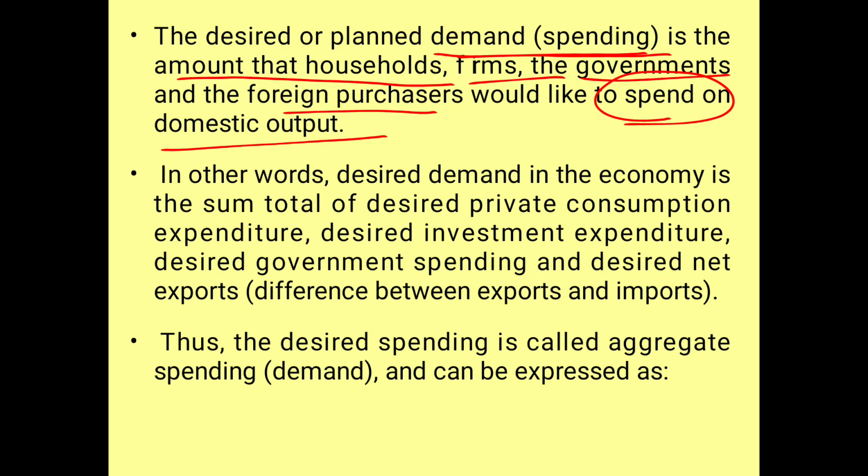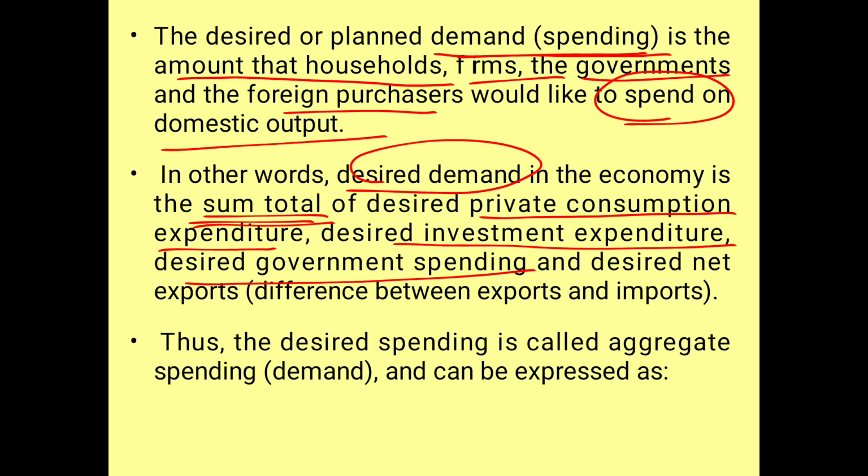So desired demand in the economy is the sum total. You have to sum up everything: desired private consumption expenditure, desired investment expenditure, desired government spending and desired net export.